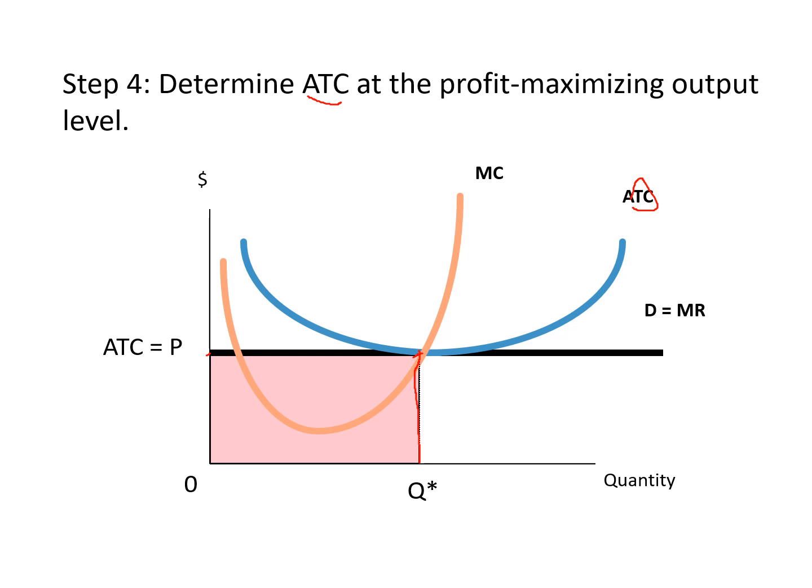So in the case of breaking even, we know that the average total cost will equal the price. In this case, if the average total cost is equal to the price, the firm will make zero profit. It will break even. It will not make a loss, and it will not make a profit.